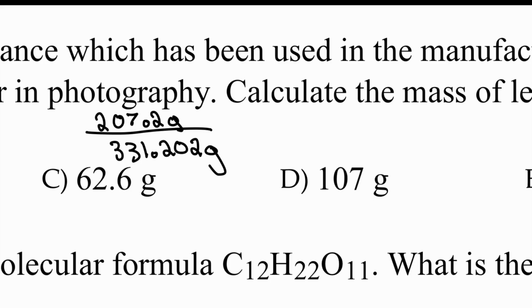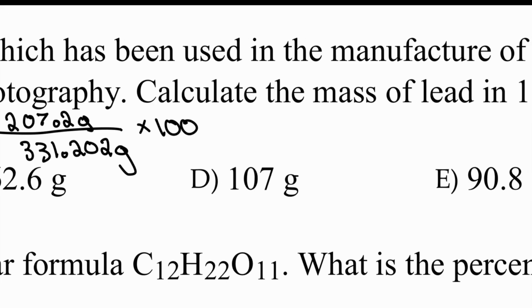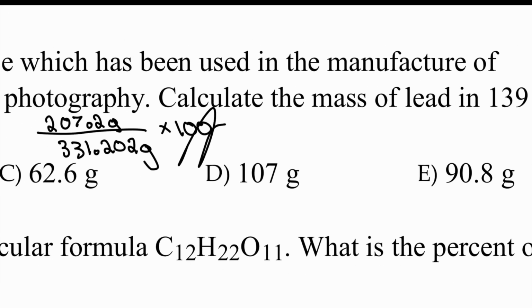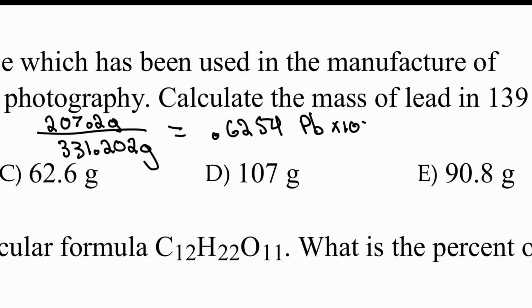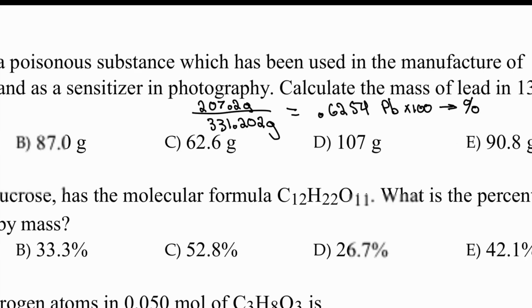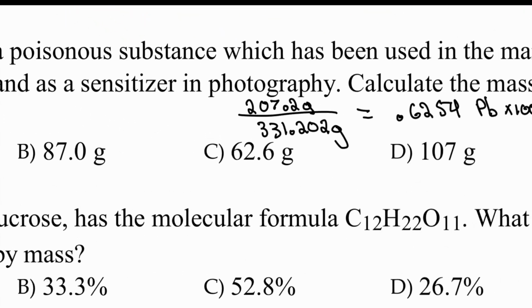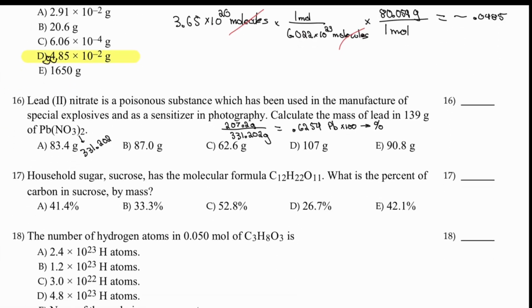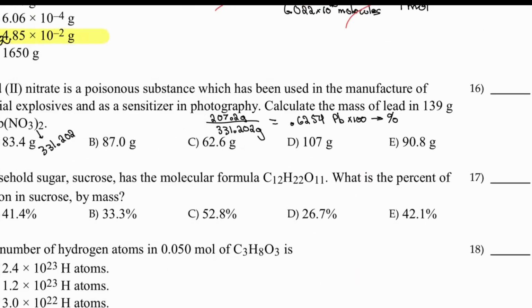I could multiply by 100, but eventually, you're going to see why. I'm going to multiply my number here, which I get to be 62.6254, which, if I multiplied by 100, would be the percent of lead in the entire substance there. But they want it in 139 grams.